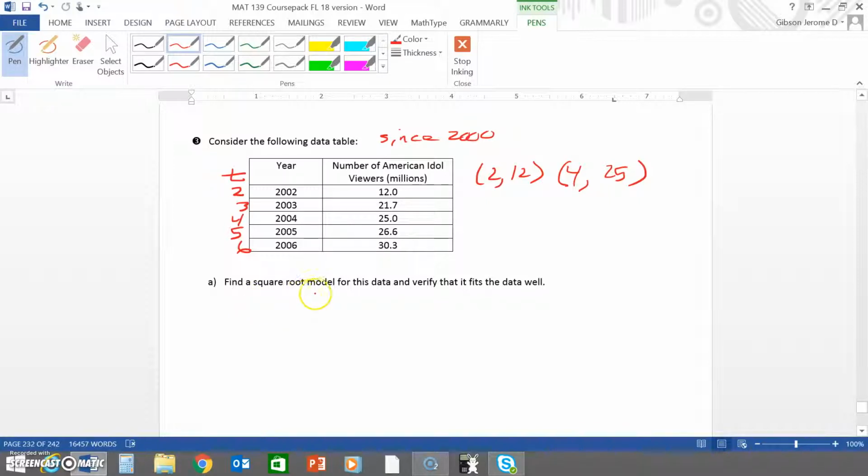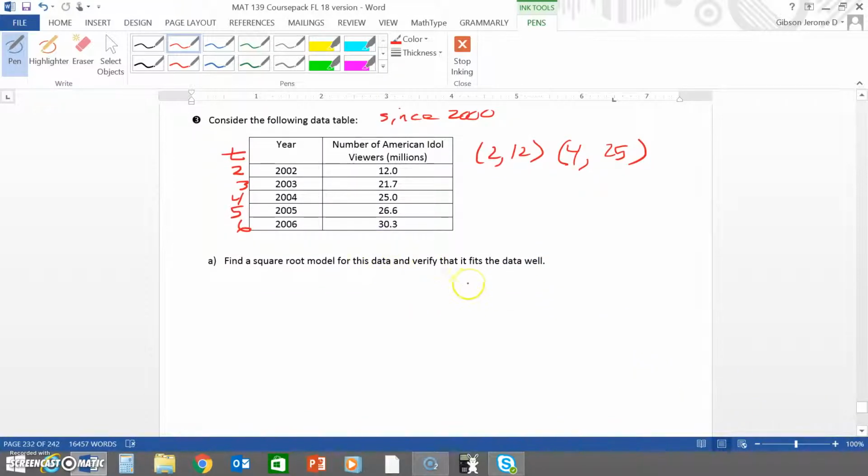So we're going to do what we just did in problem number 2 for problem number 3. So our y value 12 is equal to a times the square root of 2 plus b. And then we will have 25 is equal to a times the square root of 4 plus b.